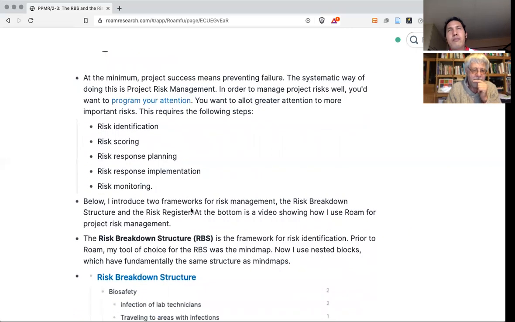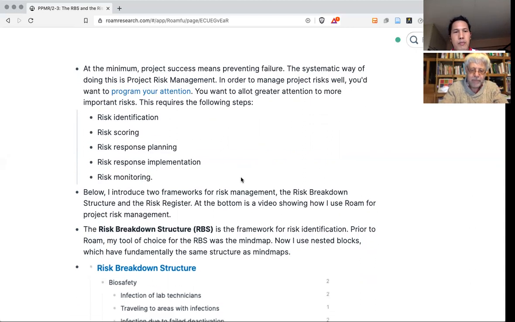And then also we could use Roam for risk monitoring. So essentially, how do we plan out for our future selves how to focus. We'll be discussing that in this chapter.